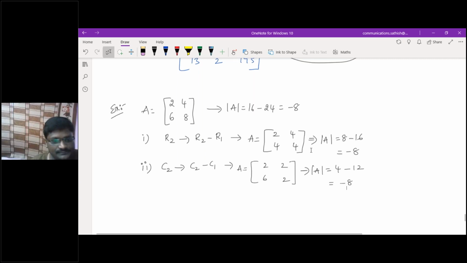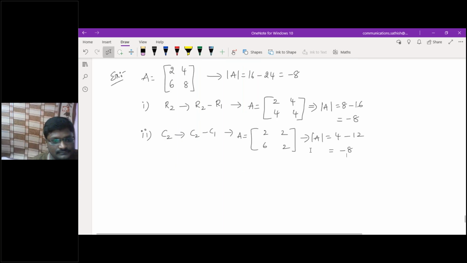Next, case 3. If I do R2 as R2 by 2, what will I have?